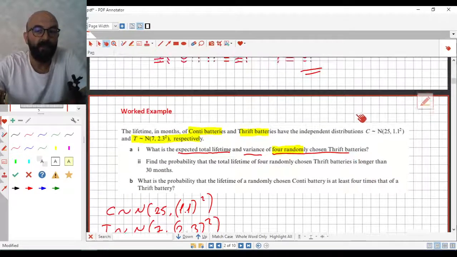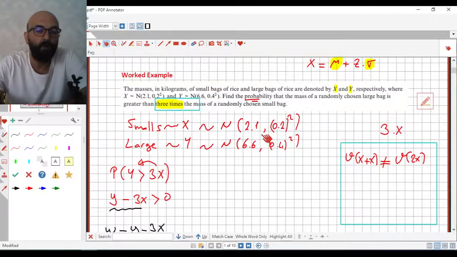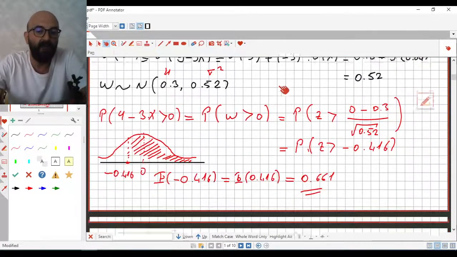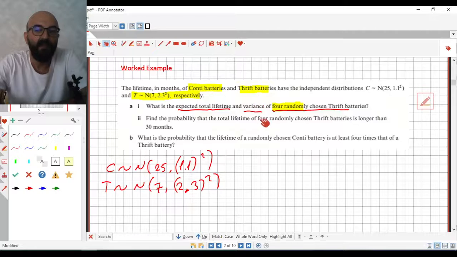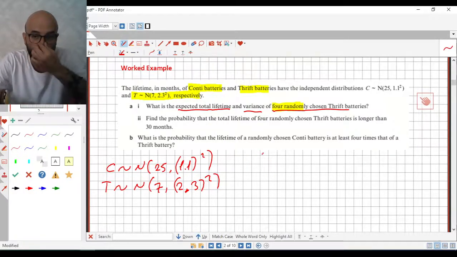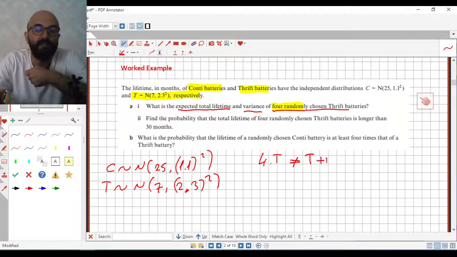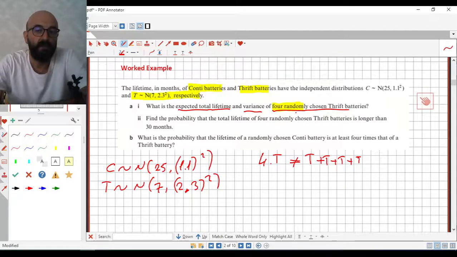As you remember, in the earlier example they said 3 times small bag, but now they say 4 randomly chosen Tift batteries, and it means not 4 multiplied by T. It means T plus T plus T plus T. Please notice that.